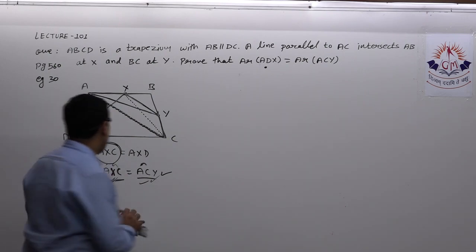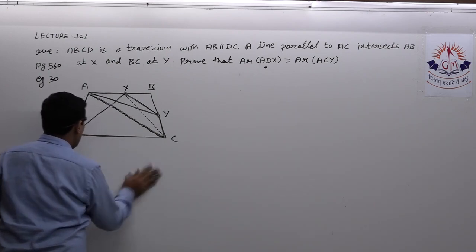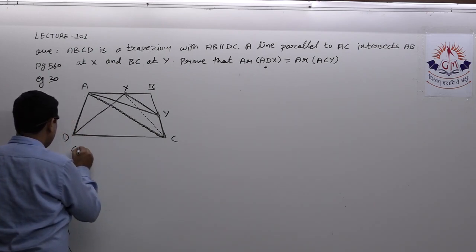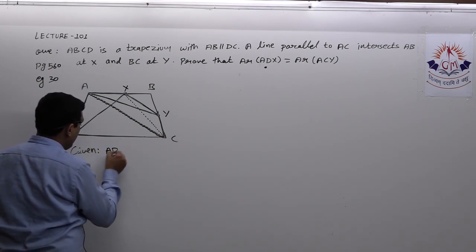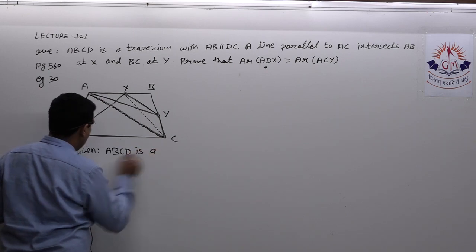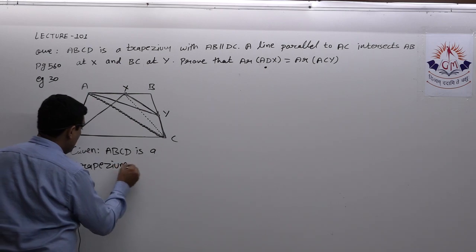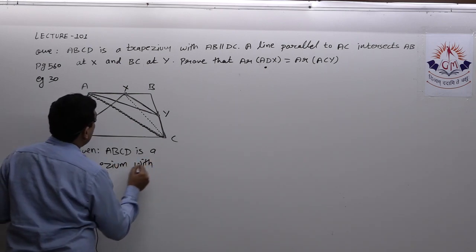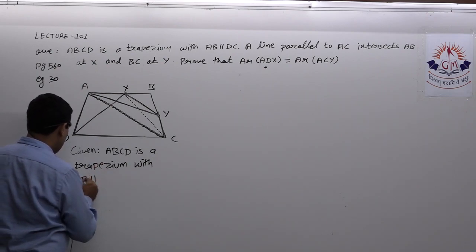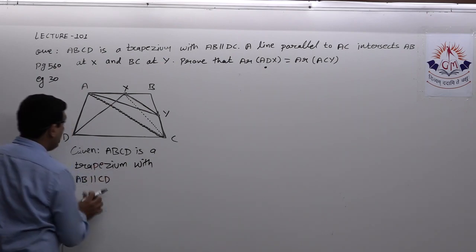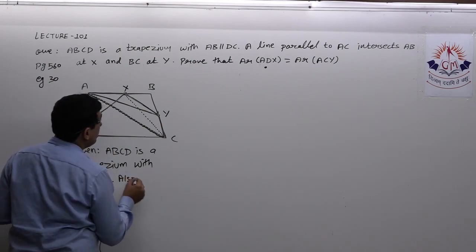So now let me give you the detailed solution. What we have is given: ABCD is a trapezium with AB parallel CD.